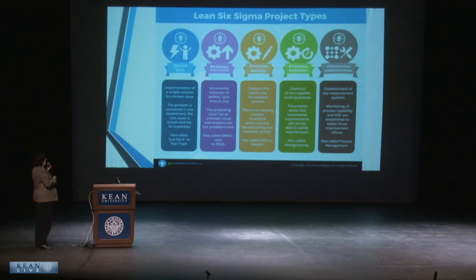This is an incremental reduction of defects, cycle time, or cost. In a continuous learning environment like a university, you should always be looking to improve your processes, always. But to do that, you need to have key performance indicators, KPIs, and/or metrics.